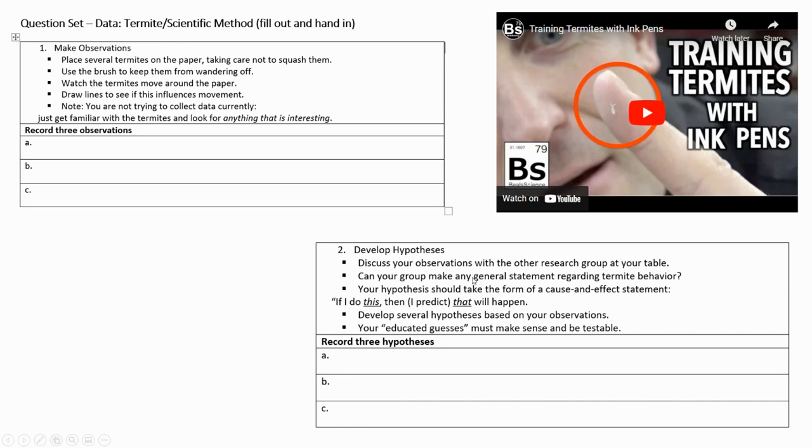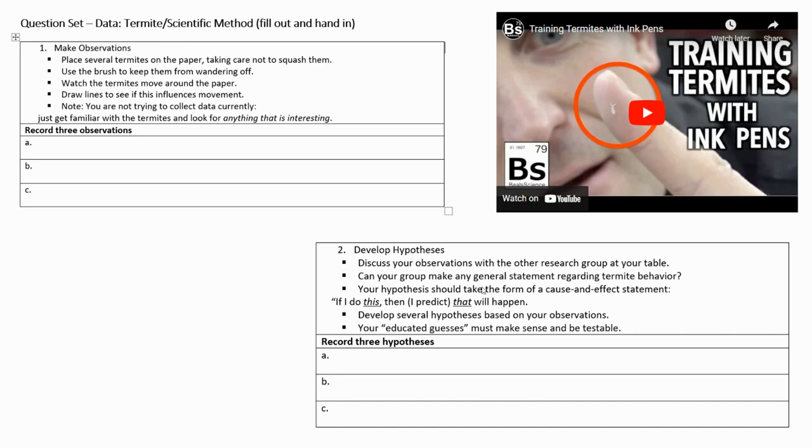Now, the other thing here is, when you look at the book and you look at the lab handout, you'll see that the scientific method is described in a slightly different way. What is a hypothesis here, I think the 112 book would probably call a prediction. Those are minor differences. Don't hang yourself up on that.